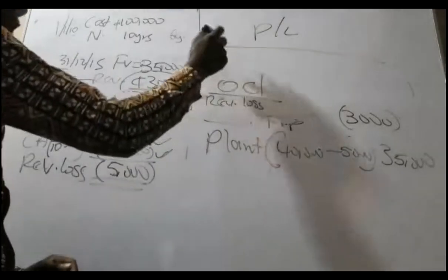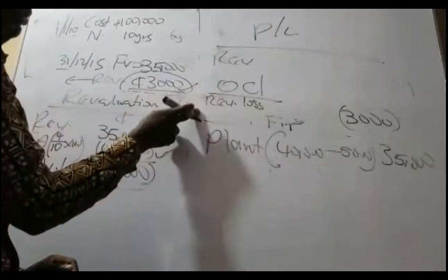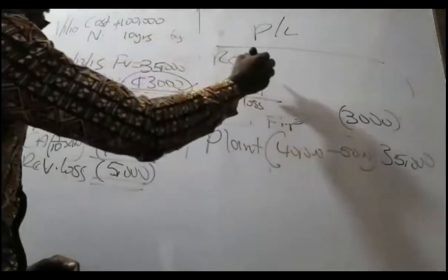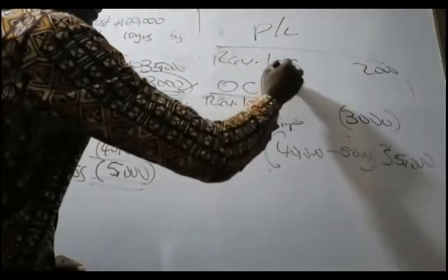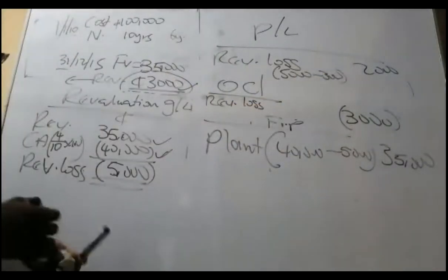So I'll go here and write revaluation loss. This section and this section are different, so if you record it here, it's wrong. It must be on top of the OCI. So revaluation loss, the difference of 2,000. How do you get the 2,000? Bracket 5,000 less 3,000. Then you are done.